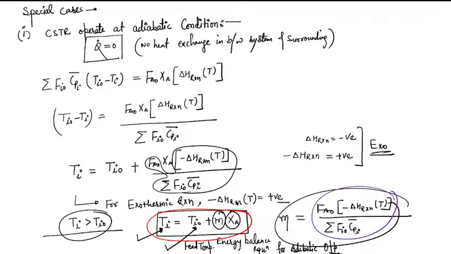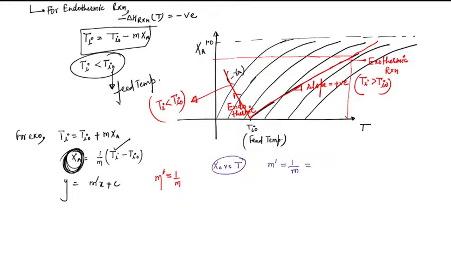m is minus delta HR reaction divided by summation Fi0 CPi, where Fi0 is the molar flow rate. So m prime is what, sir? m prime will be Cp divided by minus delta HR reaction. Understand or not?